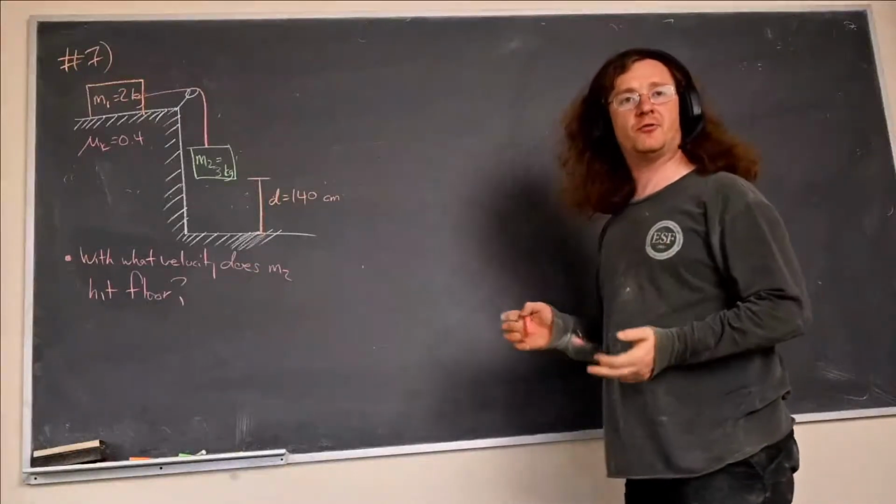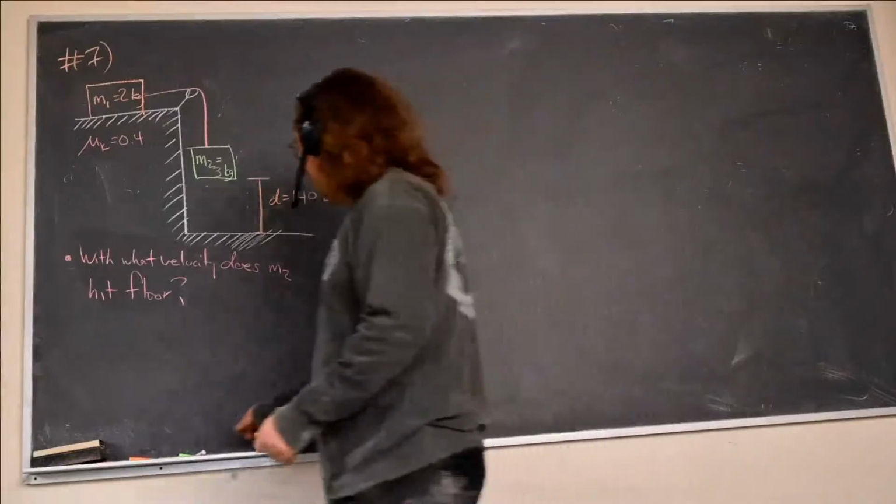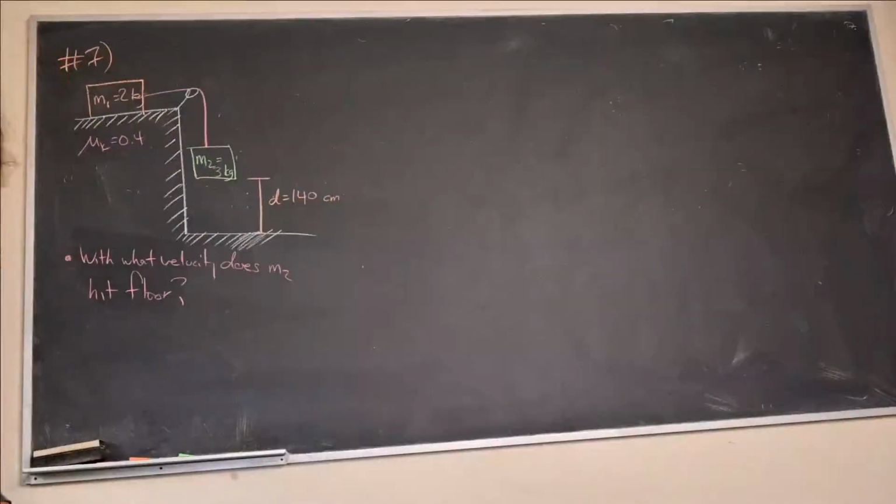The way we're going to do this is to first solve for acceleration, and then use kinematics to relate the acceleration, the distance traveled, and the change in velocity.